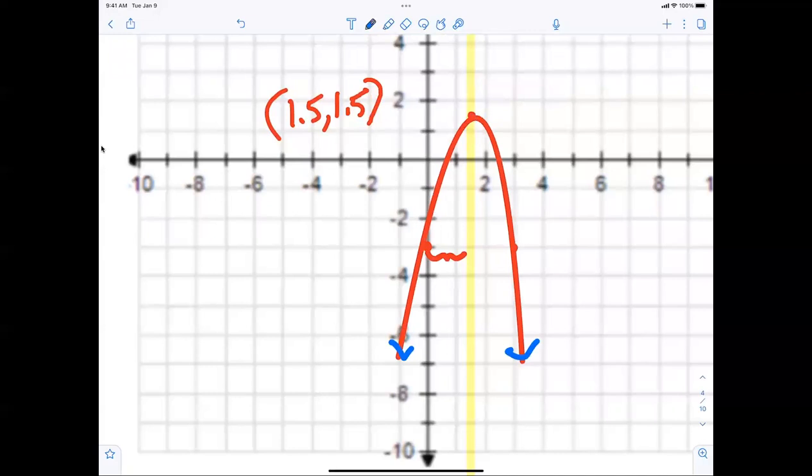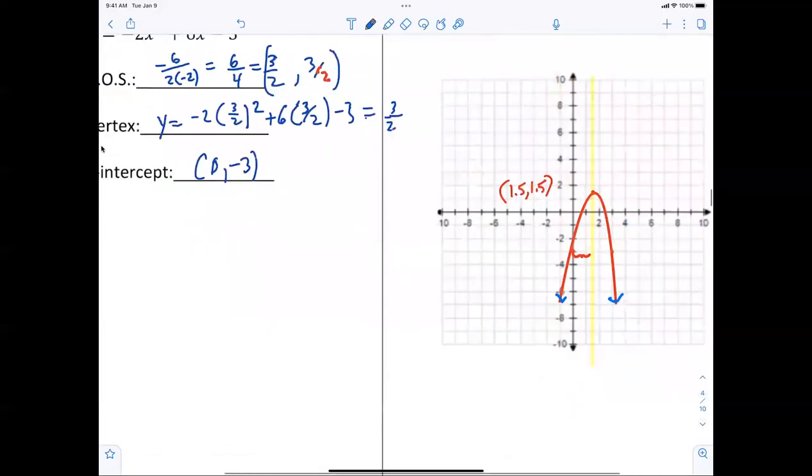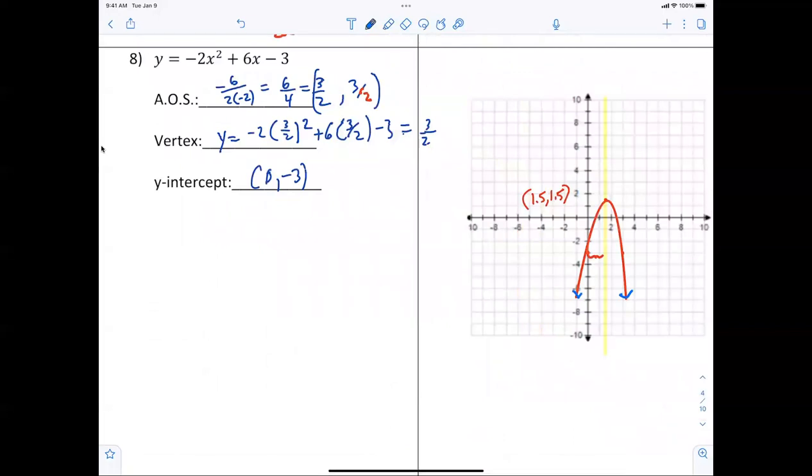Now let's take out your handy dandy calculator real quick and verify. Everybody type in the equation, negative 2x squared plus 6x minus 3.